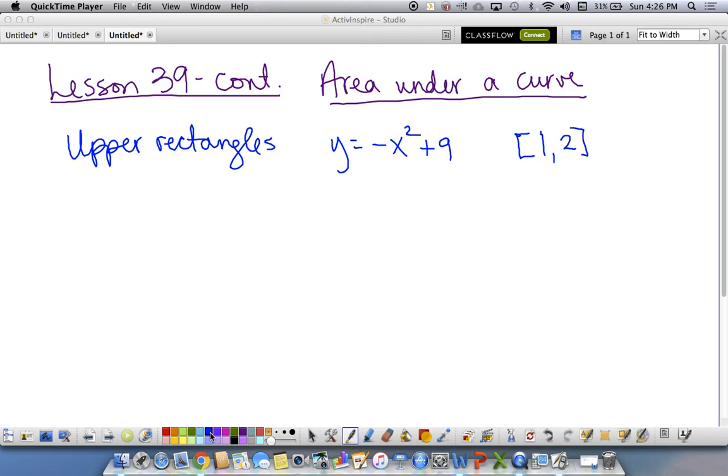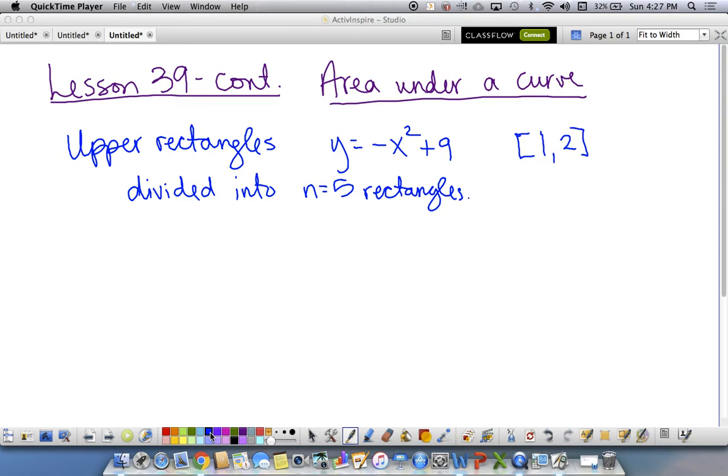And they're specific, they want you to divide it into 5 rectangles. So they'll say n equals 5 rectangles. And that's different. Dividing it into 4 was really easy. Dividing it into 5 is a little bit more tricky. So we're going to start with a graph.